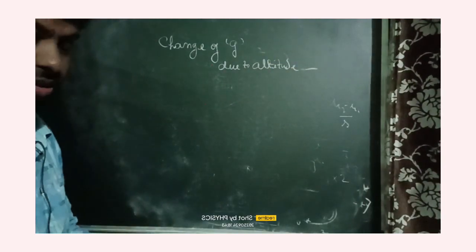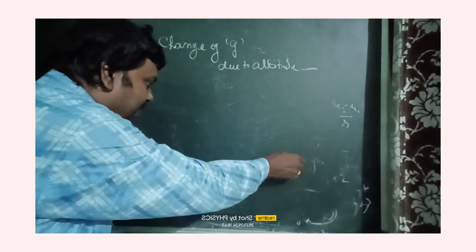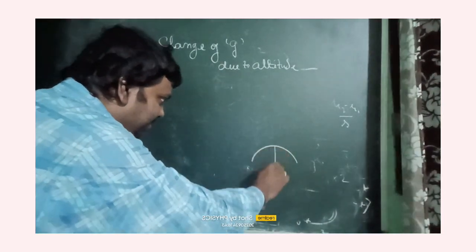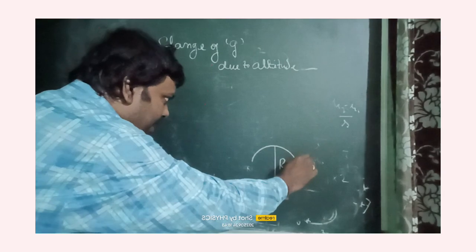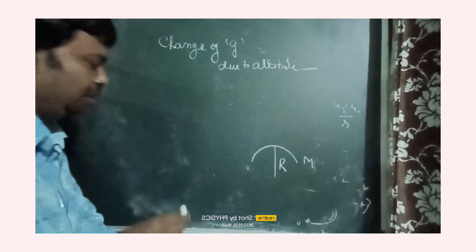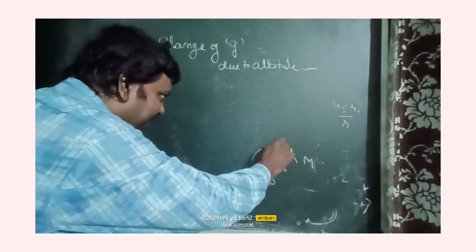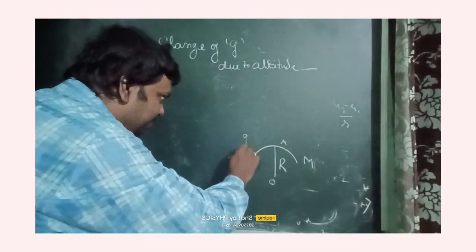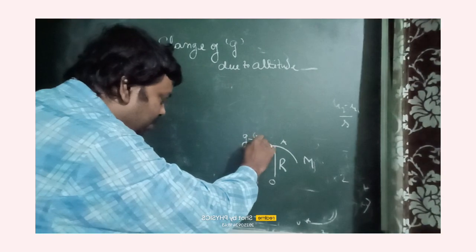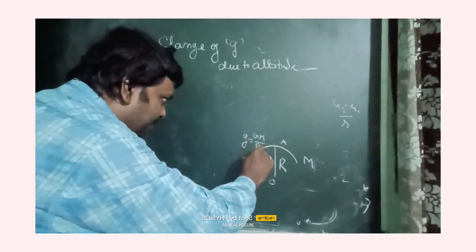Now let's take the earth's surface. It has the radius of r, and the mass of the earth is capital M. Now the point O is the center of the earth. At the point A, the expression of acceleration due to gravity g is equal to G M by r square.